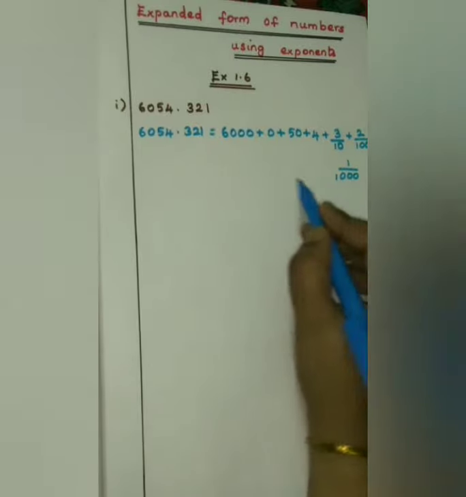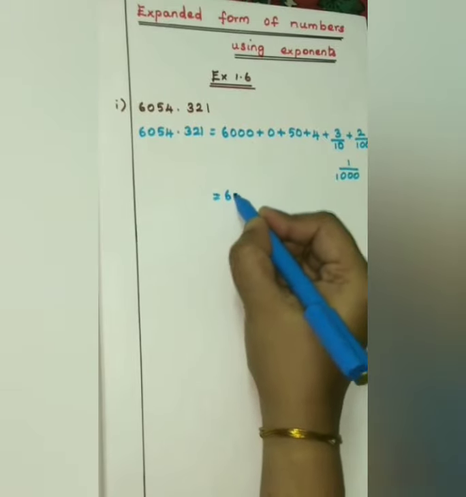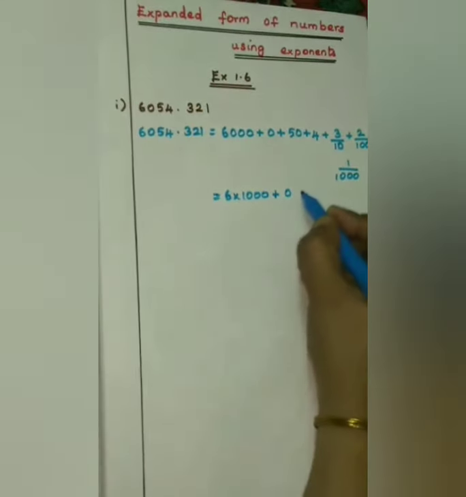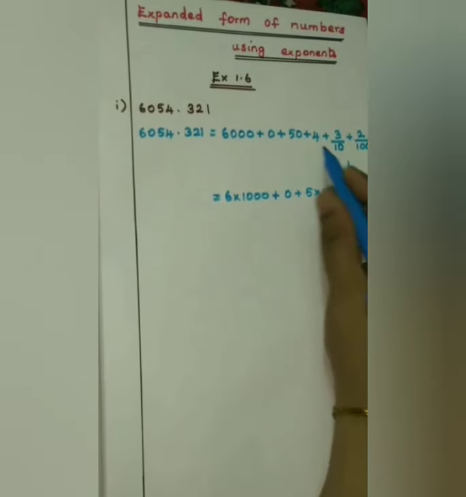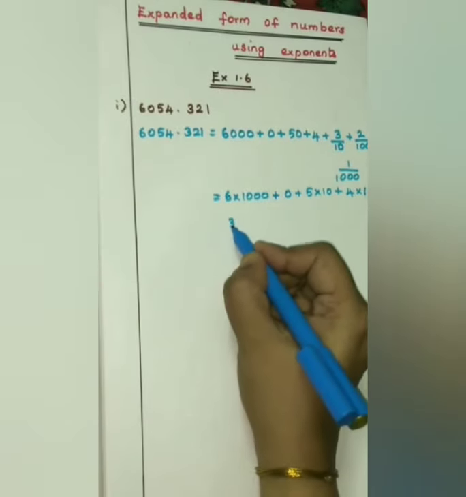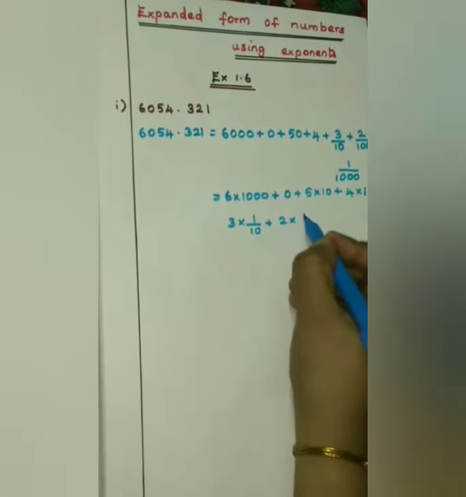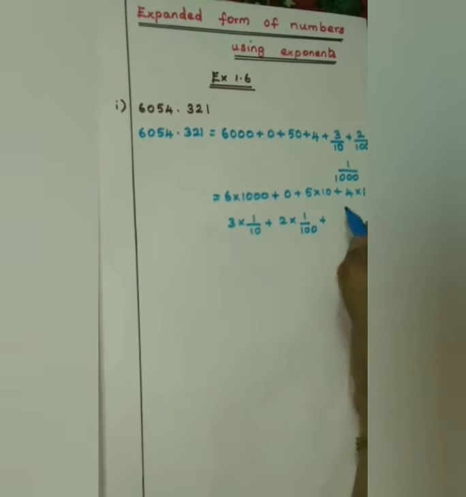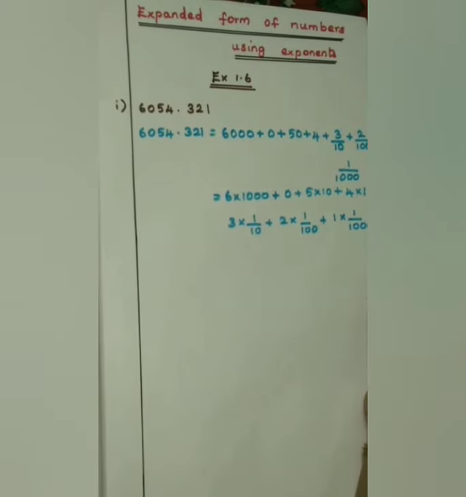We can further expand this as 6000 as 6 into 1000 plus 0 plus 5 into 10 plus 4 into 1 plus 3 into 1 by 10 plus 2 into 1 by 100 plus 1 into 1 by 1000.